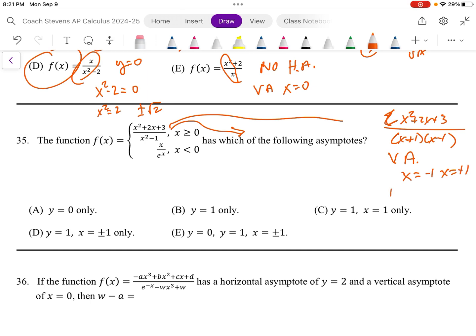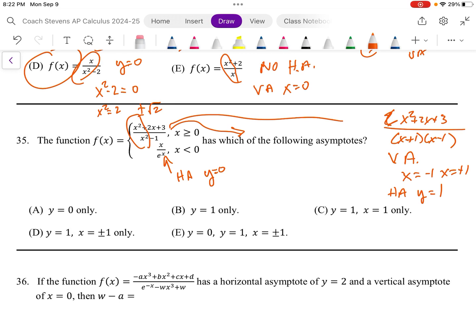It has a horizontal asymptote because the degrees are the same. It has a horizontal asymptote at y equals 1. Here, this has a horizontal asymptote at y equals 0 because the bottom grows faster than the top. There are no vertical asymptotes.